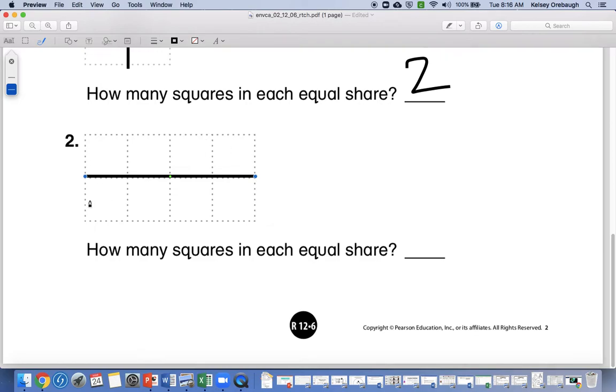A row up here and a row down here. Let's see how many squares are in each row. 1, 2, 3, 4. So if we were to draw this line straight across, the answer to this question, how many squares in each equal share, would be what? We have 2 equal shares with how many squares in each? 4.